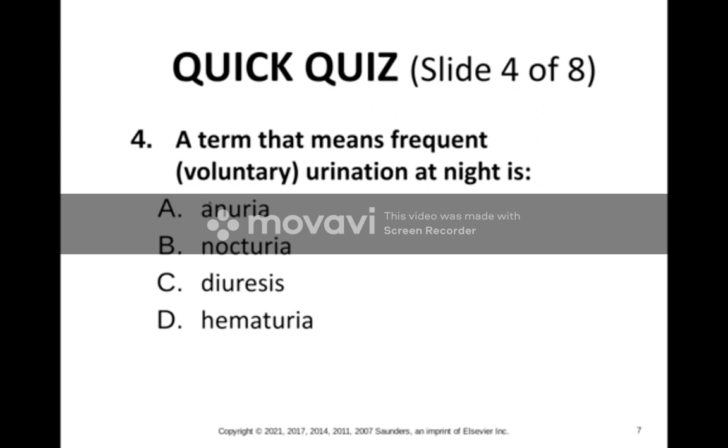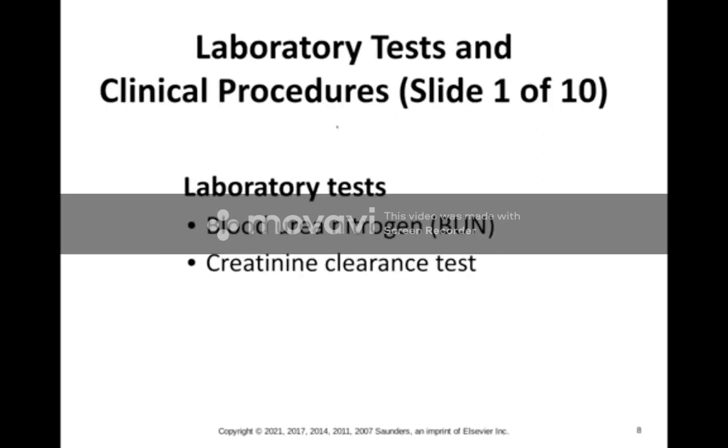Anuria would mean, A means without, so that would be no urination. Diuresis is frequent urination and elimination of excess water. And then hematuria would be blood in the urine. So noct, meaning nighttime, would be nocturia. Hopefully you guys got that right.